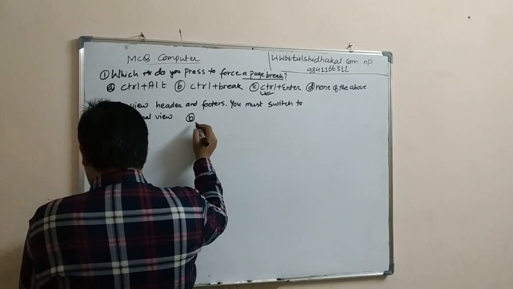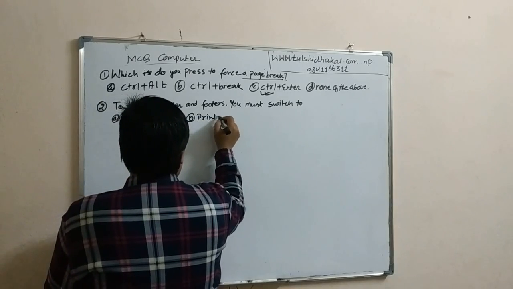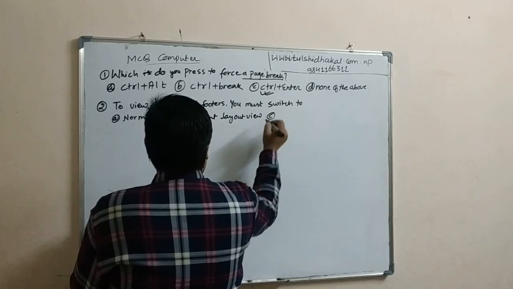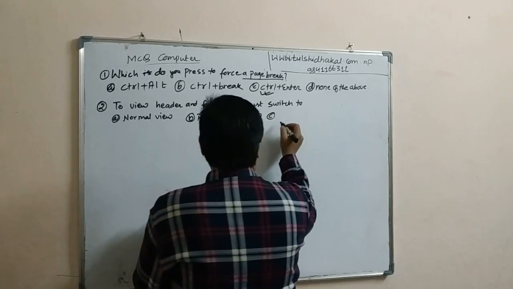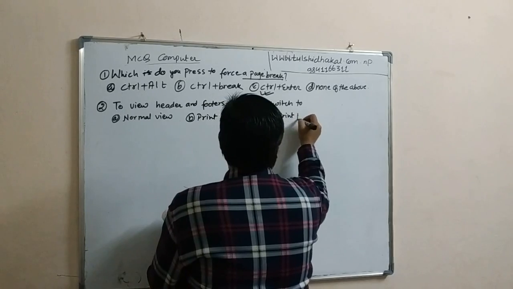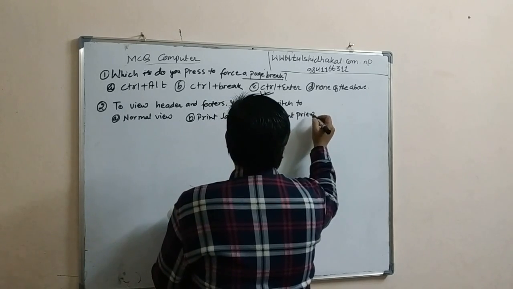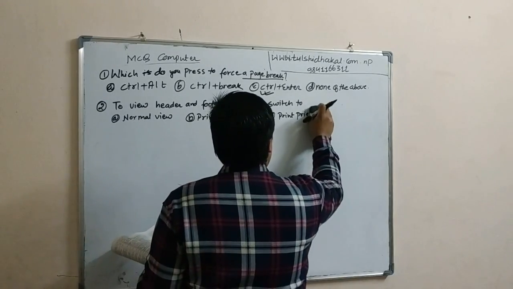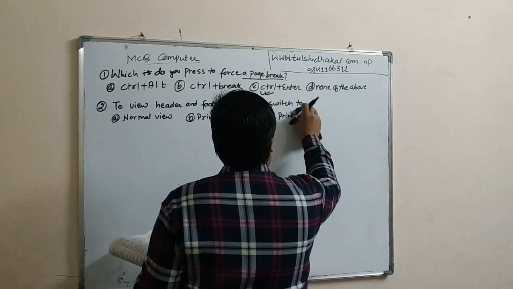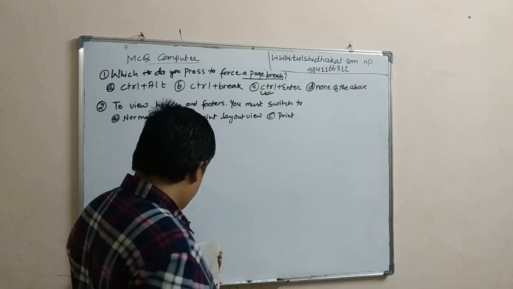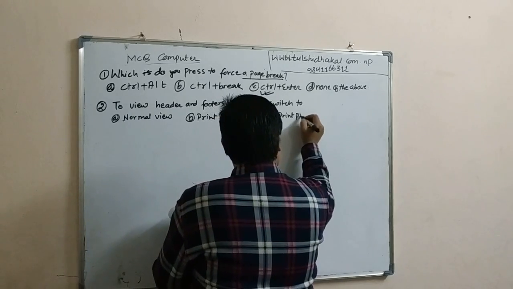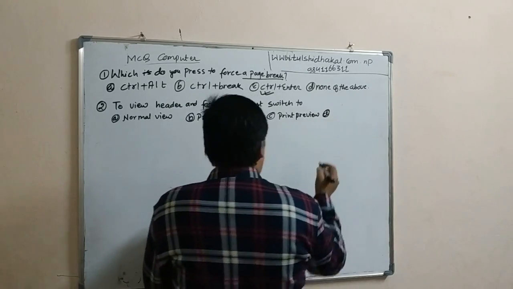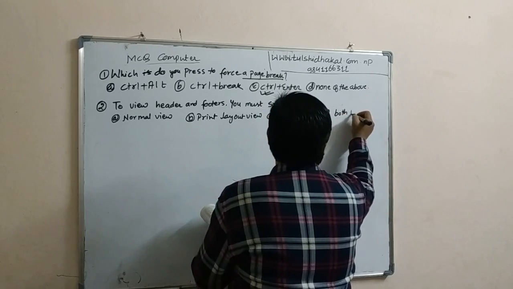Option number B, print layout view. Option number C, print preview. And option number D, both B and C.